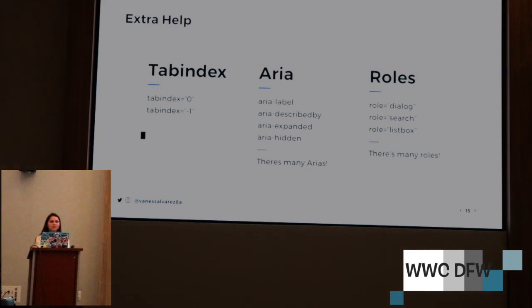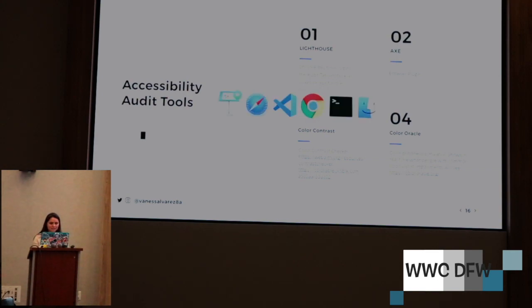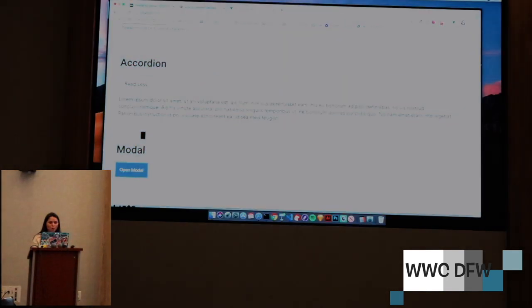So these are a few examples of creating accessible components. Like I said before, there are many roles and many ARIA attributes, and I will not be able to explain them all. So I'm going to show you accessibility audit tools. Lighthouse is from Chrome, and you can access it by opening Inspect.